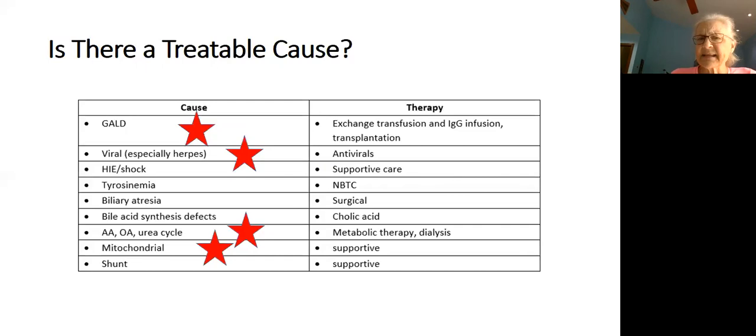Mitochondrial disease isn't really treatable, but supportive care can really help. So I think that's on the list of things that you want to go after. If something isn't fixable, even though it may be important, you may wait a little bit to diagnose it just because you have to prioritize your blood draws.